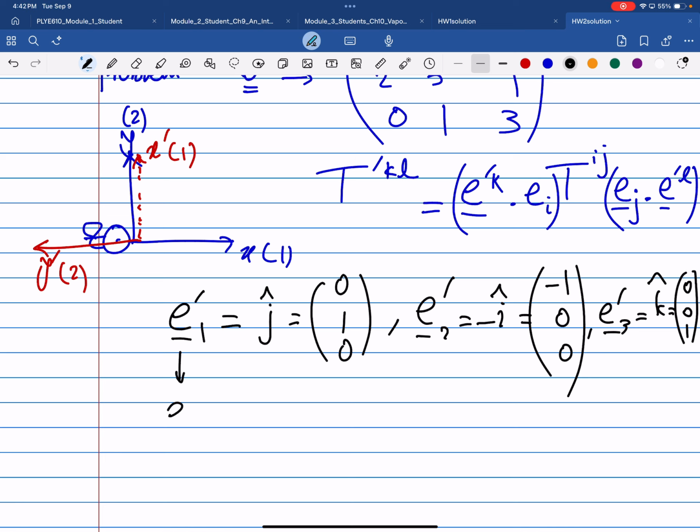So this means that the reciprocal of E1 prime is J, the reciprocal of E2 prime is minus I, and the reciprocal of the third one is again K. This is very good, and you can double check it. Reciprocal basis dotted to the original basis should be delta.